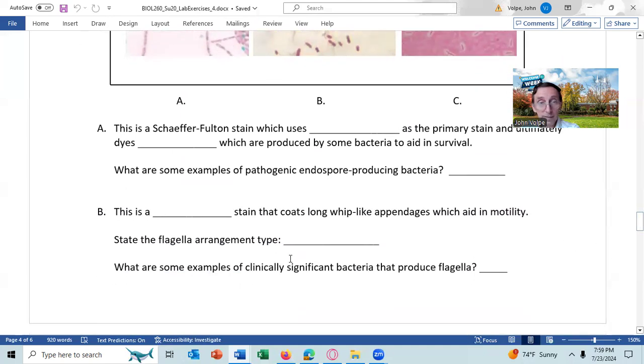And then what are some examples of clinically significant bacteria that produce flagella? You can once again get that from the lab module. Let me remind you that the flagella arrangement will be pleomorphic, and you should only name the highest flagella arrangement that you see.